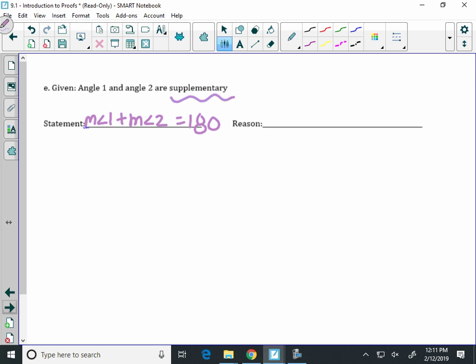What's our reason? Definition of supplementary angles. Because we know that by definition, supplementary angles add to 180, we can make that statement. And that's how I abbreviate supplementary angles. Again, I love to abbreviate.